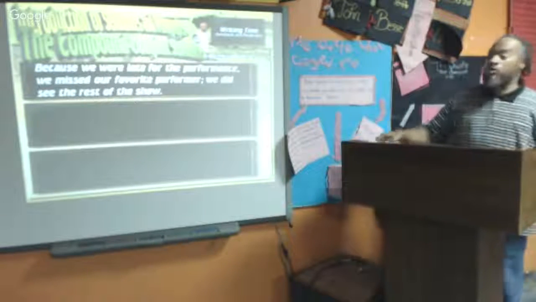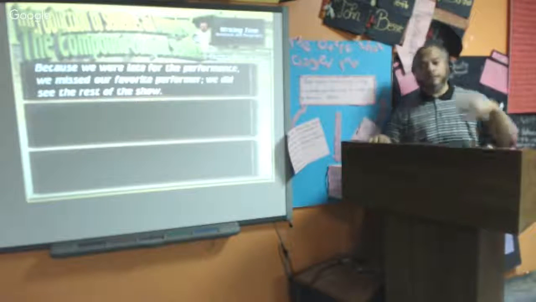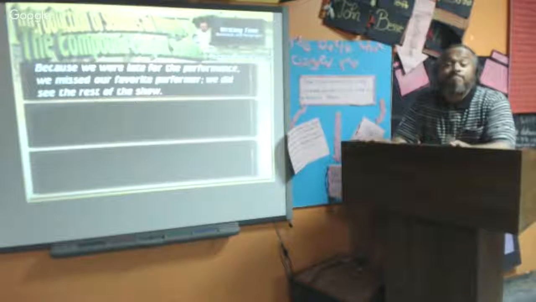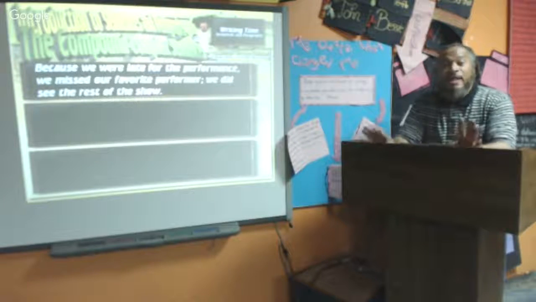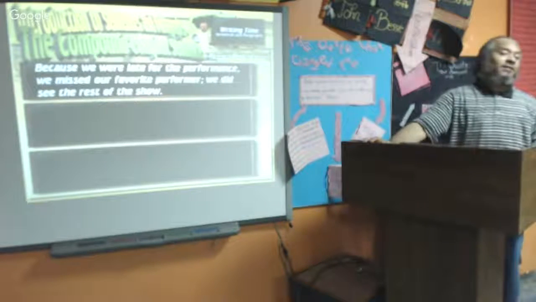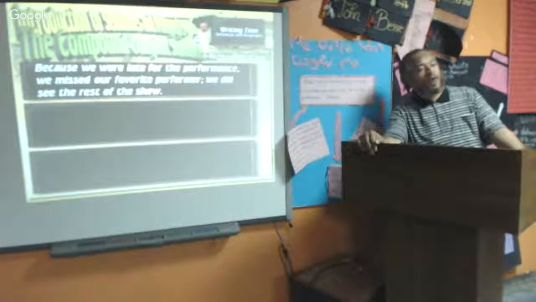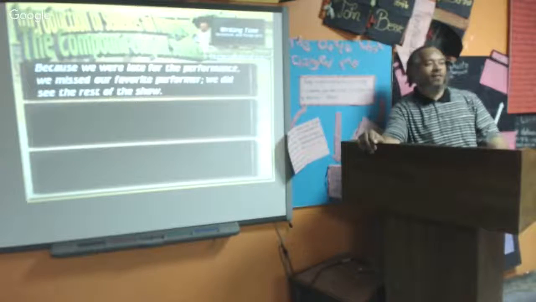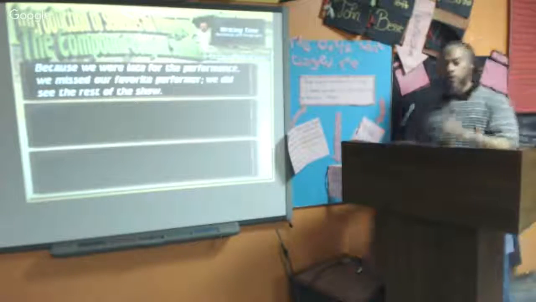So the subordinated conjunction because makes that clause dependent. That's number one. Number two, the comma. The comma is there because the dependent clause started the sentence. And thus, we have our complete picture of this compound-complex sentence. Two independent clauses, one dependent clause.